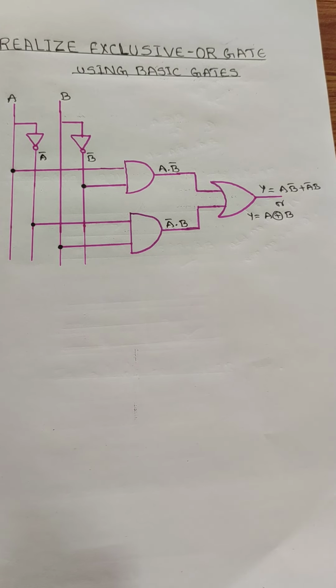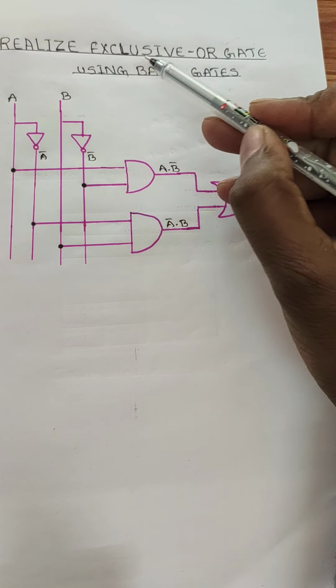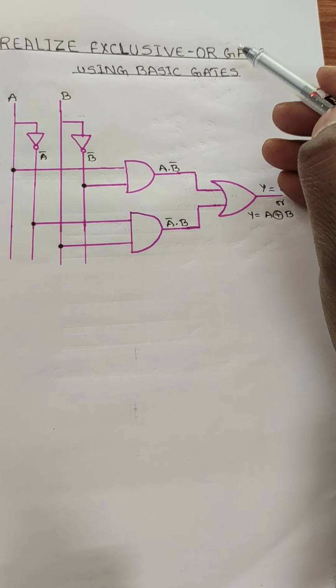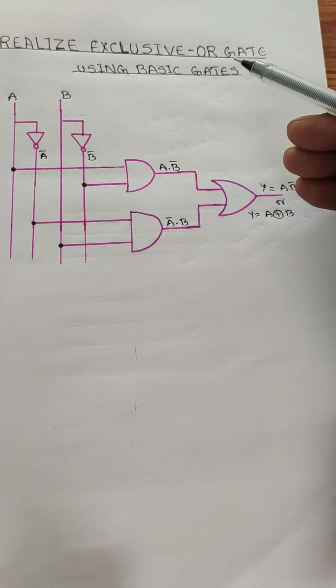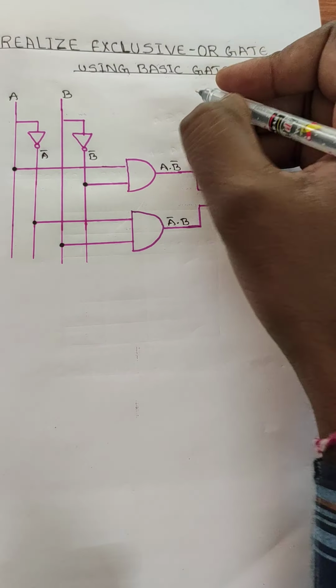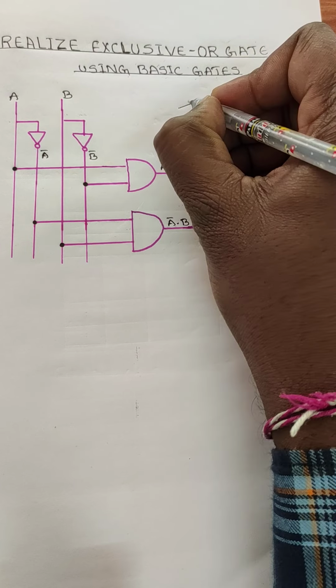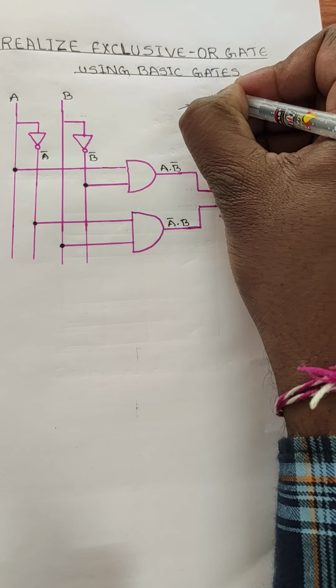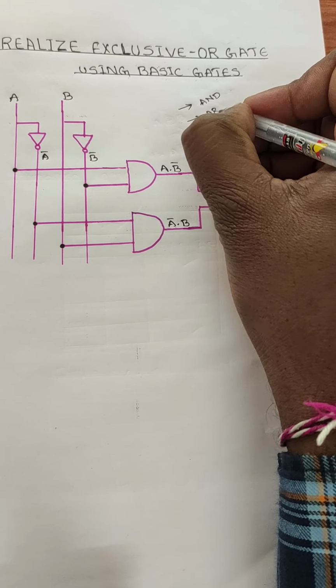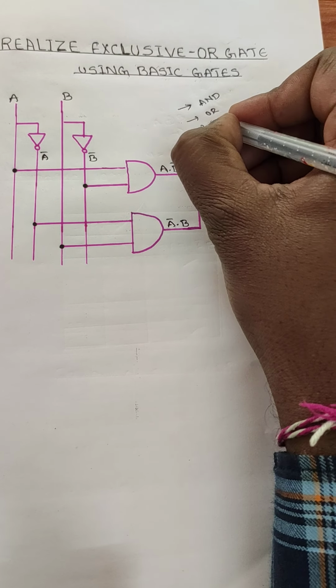Right now we will discuss realizing the exclusive OR gate using basic gates. The exclusive OR gate can be constructed by using basic gates or universal gates. As we know, basic gates are AND gate, OR gate, then NOT gate.